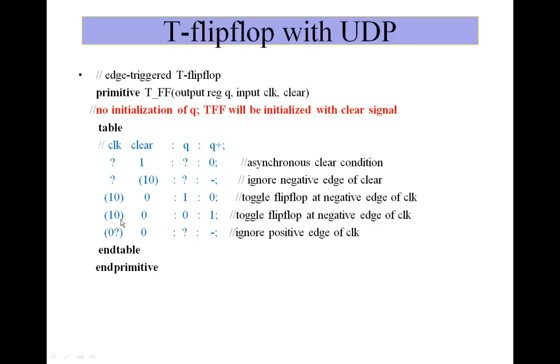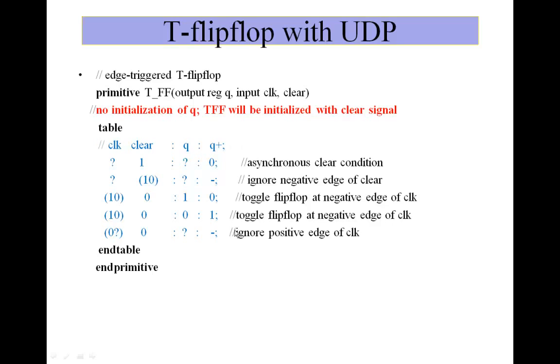Next entry, if you look at this one, again a transition is taking place from 1 to 0, that is negative edge. Clear is not there. When current state is 0, next state is 1. It toggles. Now the next entry is 0 to don't care. So it is a potential positive edge. Our hardware is working for negative edges. That's why, since this is a potential positive edge, this will not have any effect on our output. So no change. Whatever the current state, that current state is retained.